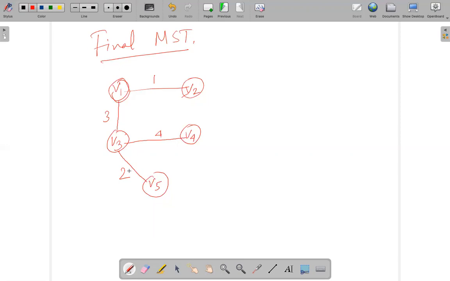However, if we would have arbitrated on the other edge, if we would have chosen the V2, V3 edge, then the other MST would have been the following.